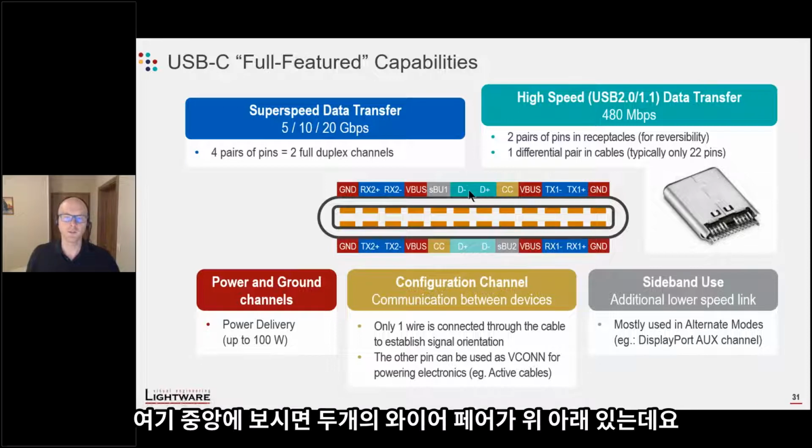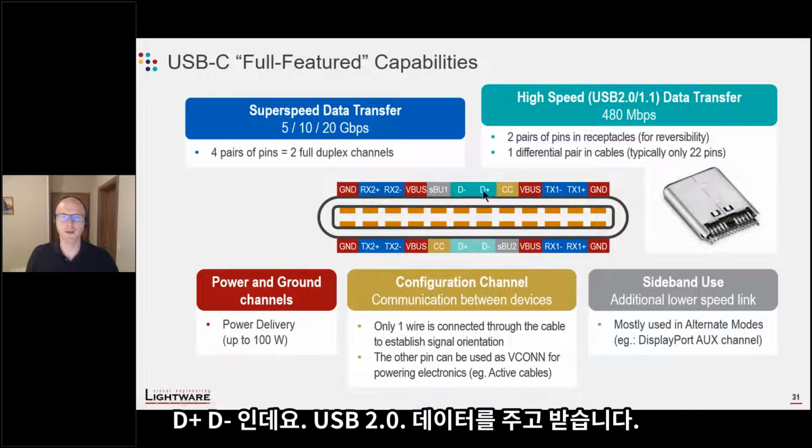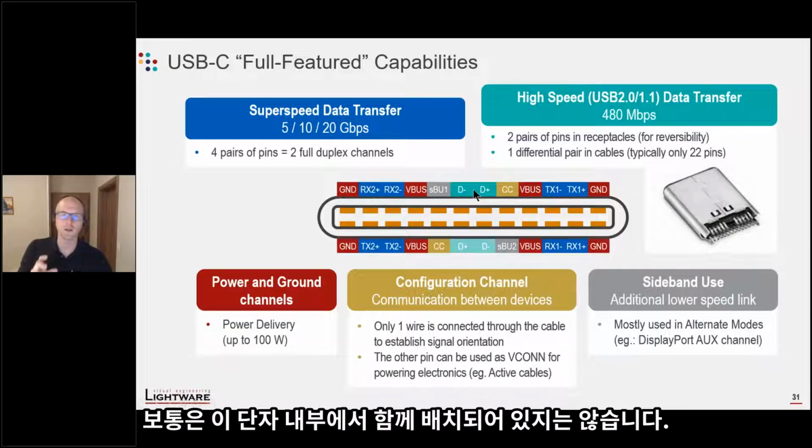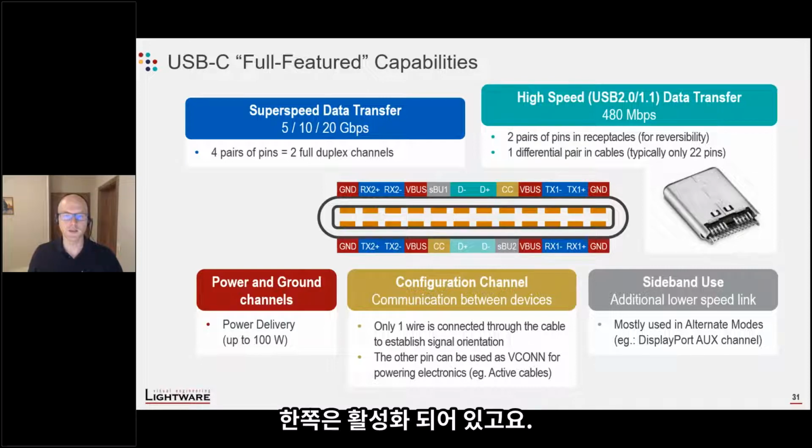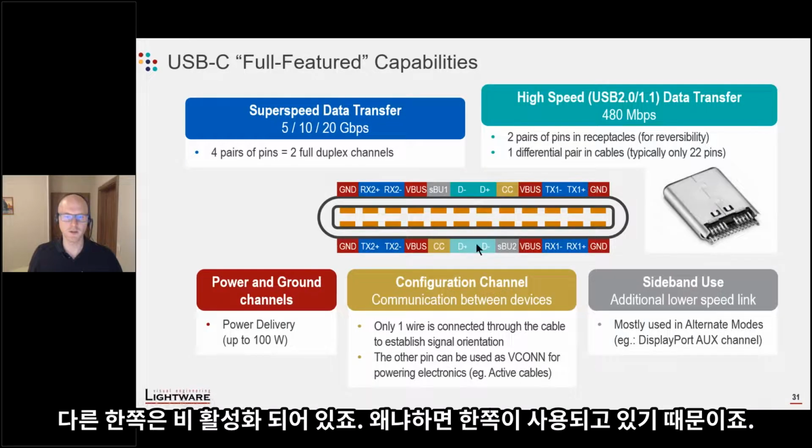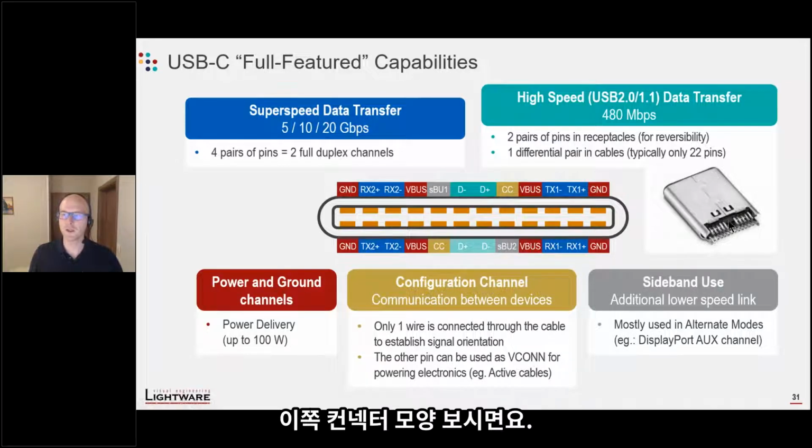In the middle, we have 2 wire pairs, D plus and D minus. These are for USB 2.0, but they don't have to be in the connector simultaneously. Usually only one of these is populated. So this one is a bit grayed out because this one is populated. If you take a look at this connector, these 2 pins are missing.